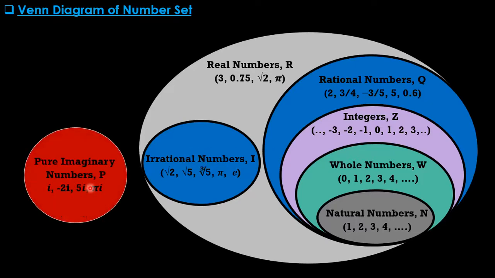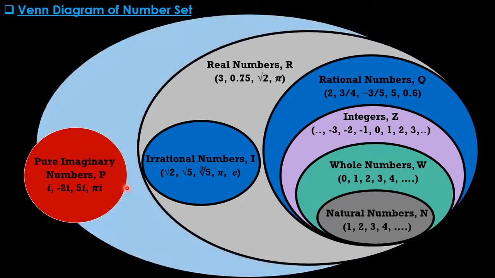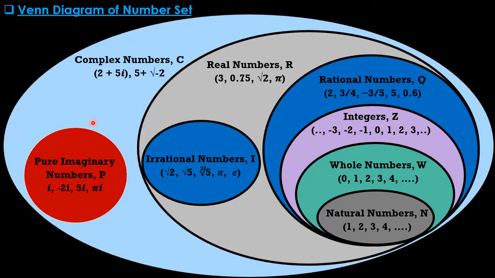And this is the purely imaginary numbers: i, minus 2i, 5i, pi i, etc. And finally the whole thing is the complex numbers C. So complex numbers consist of purely imaginary numbers and real numbers. Real numbers consist of irrational numbers and rational numbers. Rational numbers consist of all these: natural numbers, whole numbers, integers.